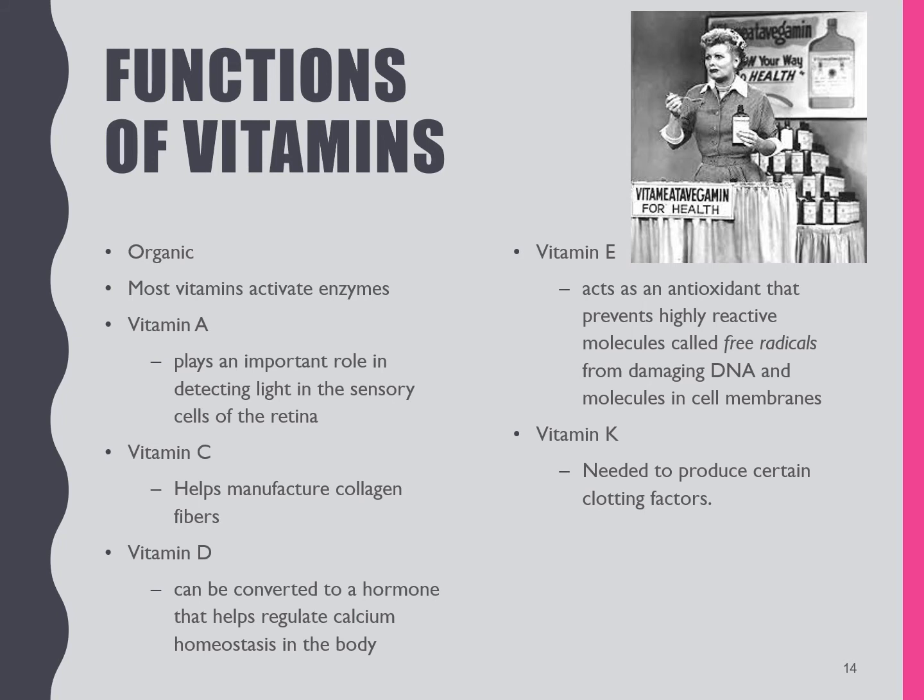So I just highlighted some of the most common ones here, like vitamin A. Vitamin A plays a role in detecting light in the sensory cells of the retina, so eat your carrots. Vitamin C helps manufacture collagen fibers. Eat your oranges. Vitamin D can be converted to a hormone that helps regulate calcium homeostasis in the body.